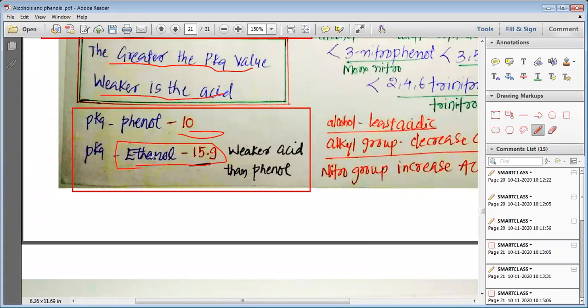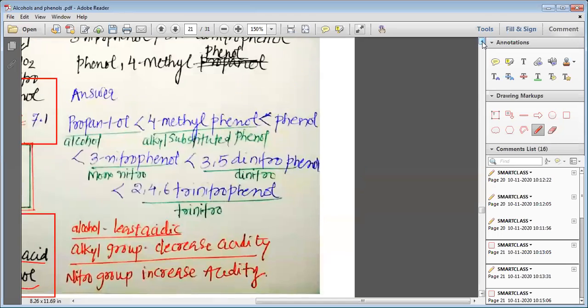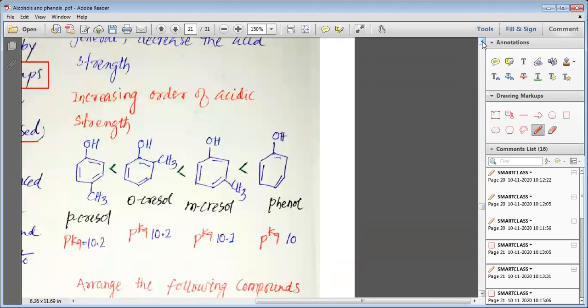This value, pKa value of ethanol is more than the pKa value of phenol, and that is why we can say that ethanol is much more weaker acid. Ethanol is much more weaker acid than phenol. So this is even an important fact that we should remember and understand it well, looking at the various pKa values for the phenols and ethanols.